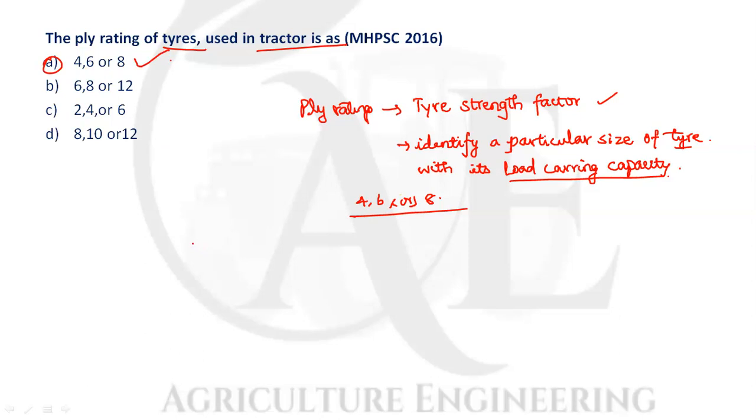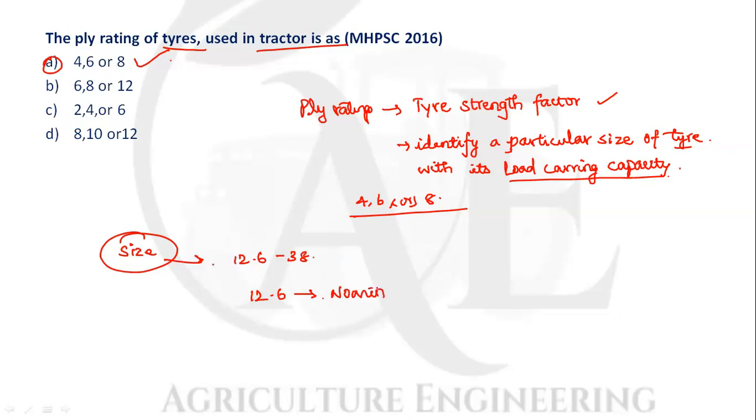Another thing to know about size and ply rating is that it identifies the size of a tire. So you can see this type of markings on tires. So this 12.6 represents the nominal cross-sectional width. Okay. And this 38 inches represents the rim diameter.